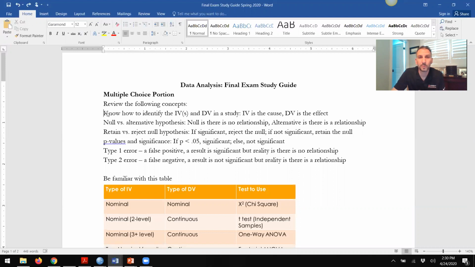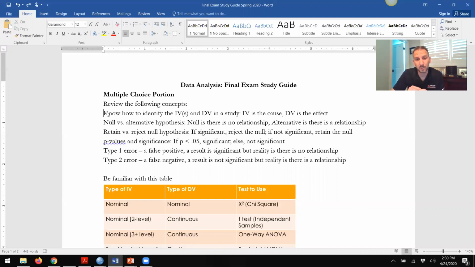And that's just an example. I would ask you what type of statistical test you would need to use to look at that relationship.